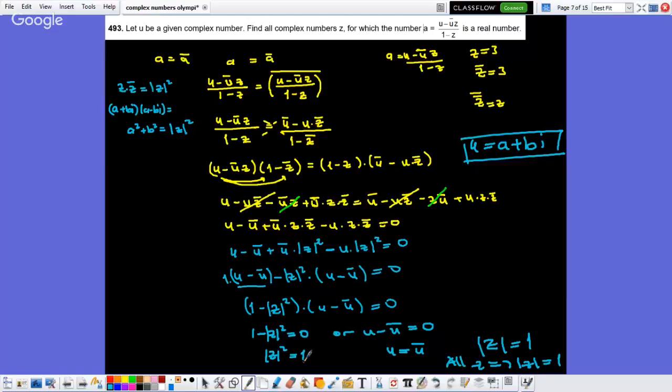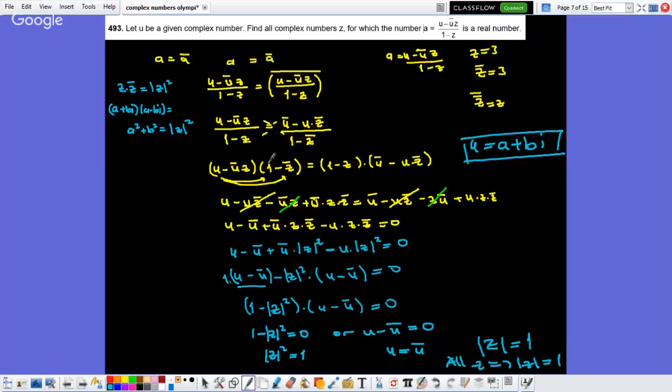Can you explain how we got u minus u conjugate plus z modulus squared times something equal to 0? I can explain that part one more time. When we cross multiply, we get this term.